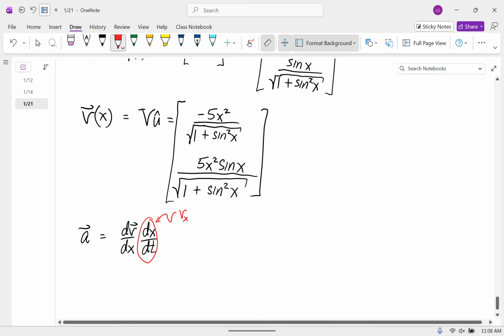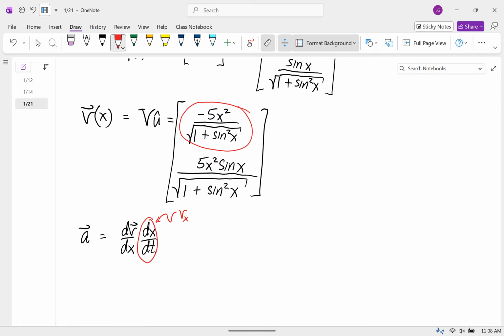But then you'll just be multiplying it by this. That's your dx/dt. It's a technique that can let you do some pretty surprising calculations that would not appear to be solvable.